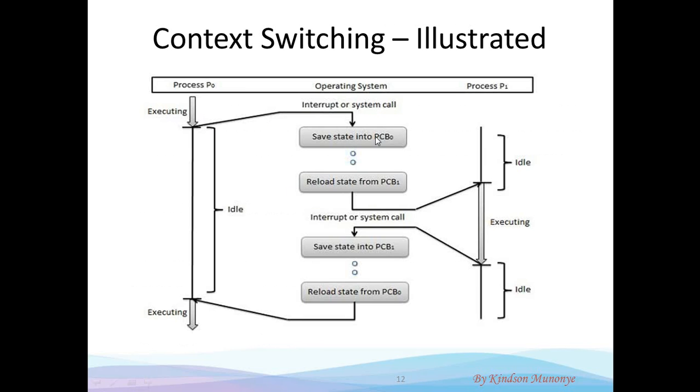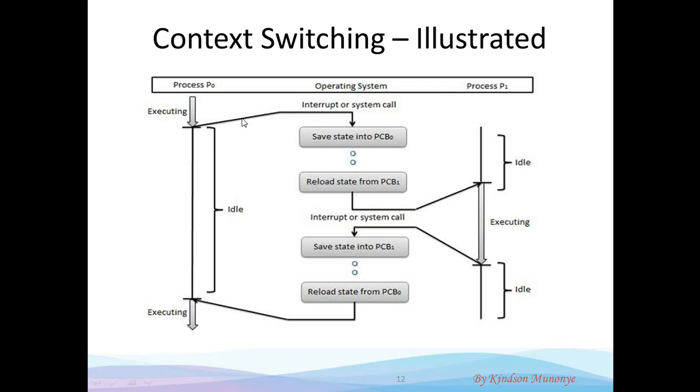You have 2 processes. We have the process running, process 0, that has been running for a time, and at some point there is an interrupt, such that a different process has to be run, that is process 1.